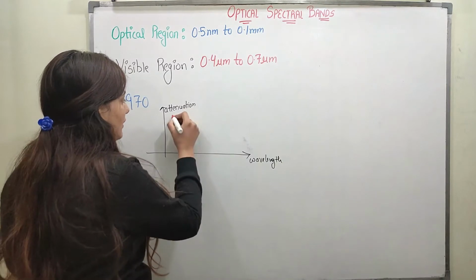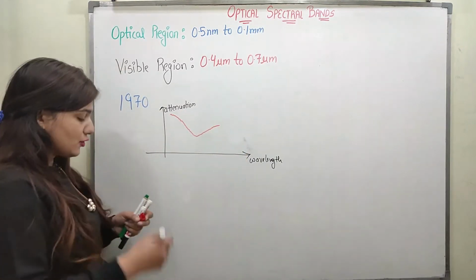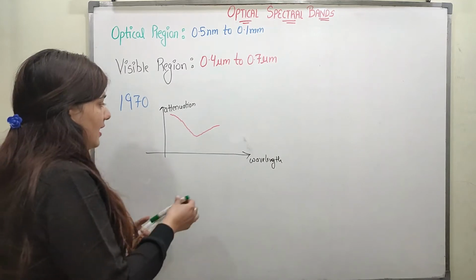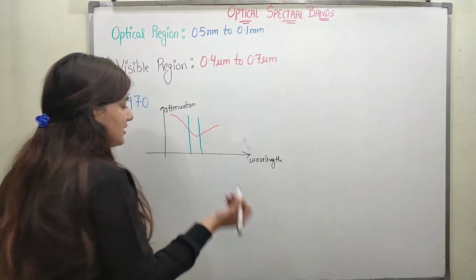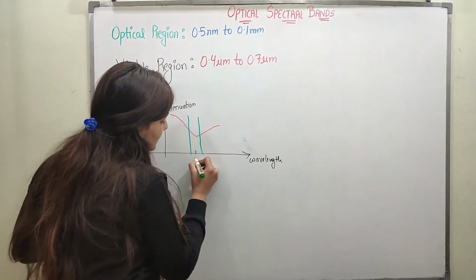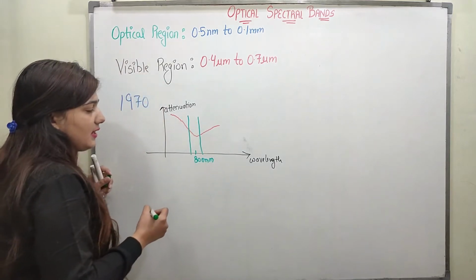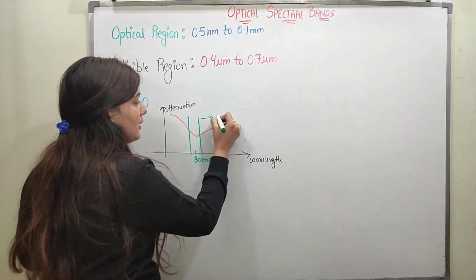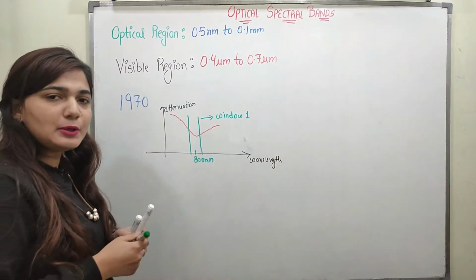So we can plot the attenuation values. Attenuation values were like this. Here we can see that we have this region over which we have the least attenuation. This region was centered around the wavelength 800 nanometer, and this is called window 1.